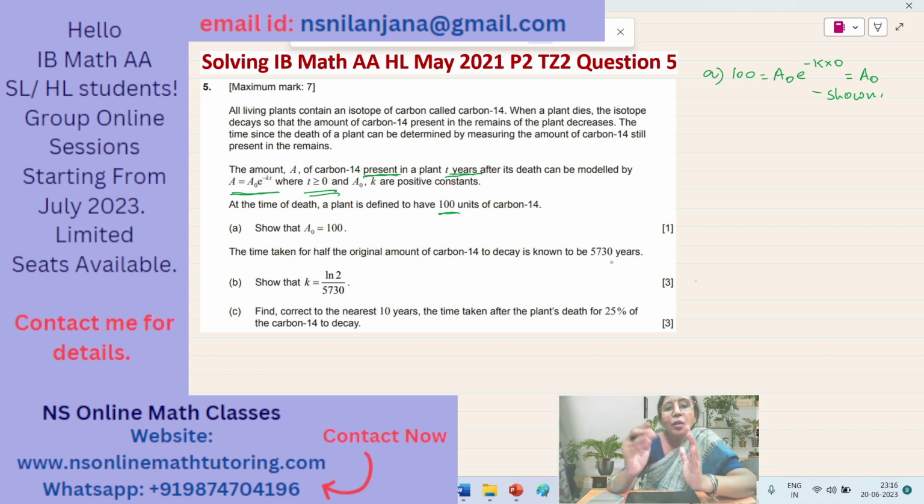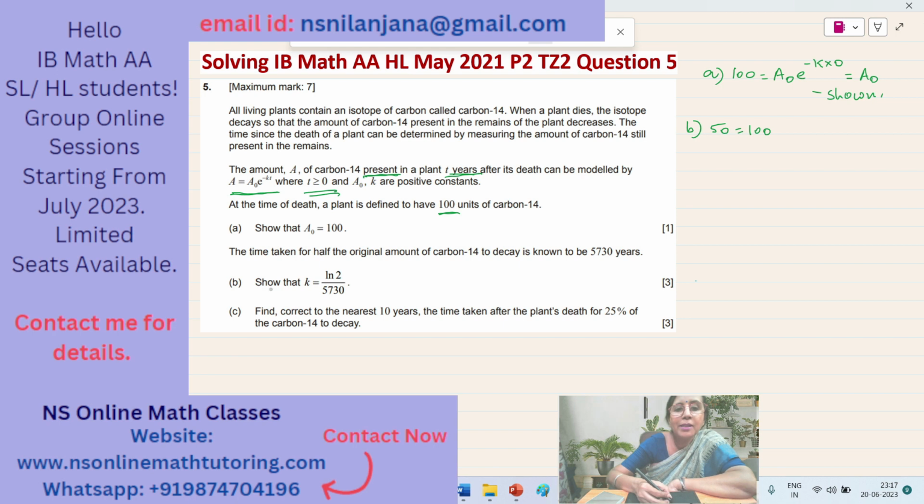So the original amount was 100. Therefore, what is remaining? 50 units is remaining. So subpart b, A will be 50. A0 is 100.